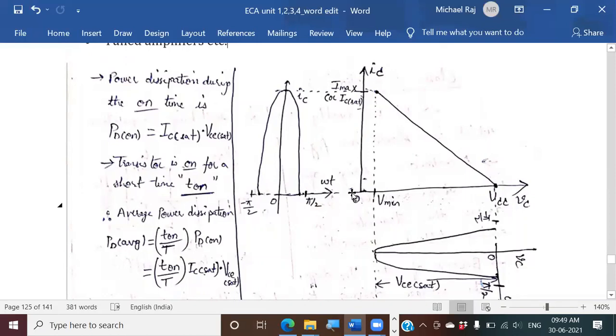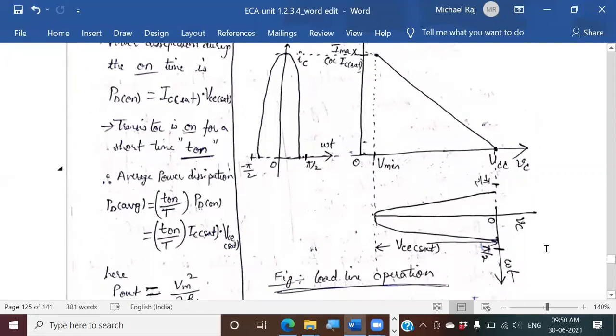This is 0, IC sat is here. Similarly, when we give input, the signal swing happens along the load line, and because of this signal swing along the load line, we are getting the IC graph and the VC graph.